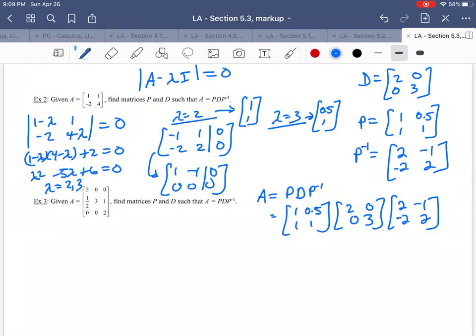All right, so you could do this any way you want. I'm just going to go ahead and do this one first. So when I multiply that, I have 1 times 2, so that's 2 plus nothing down below. So 2. Then I have 1.5 times 0, 3, so I get 0 for that. In the second row, I have 1, 1 times 2, 0, so I get 2. And I have 1, 1 times 0, 3, so I get 3. Then let's multiply it with 2, negative 1, negative 2, 2.